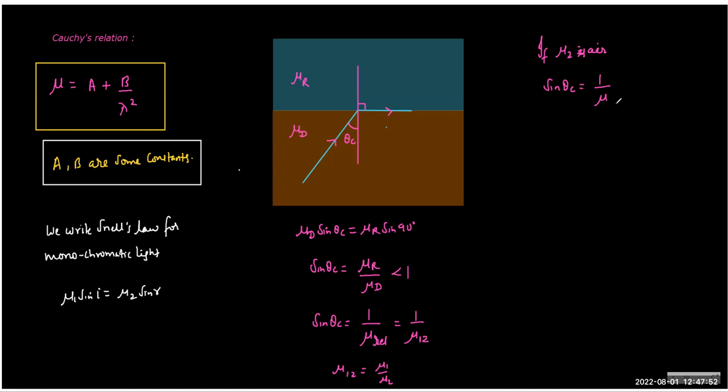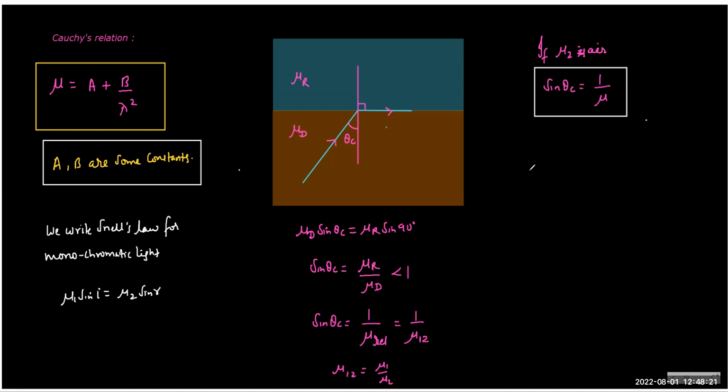If the rarer medium is air, sin of critical will be simply the inverse of the refractive index. This formula is something which we use very often. But if you have two media, always use the relative one in which you divide the denser by the rarer in the denominator, like this. I hope this part is clear.